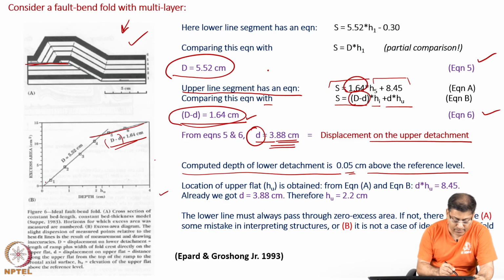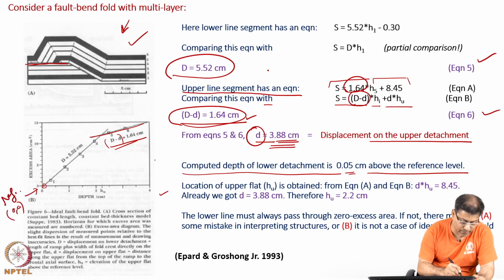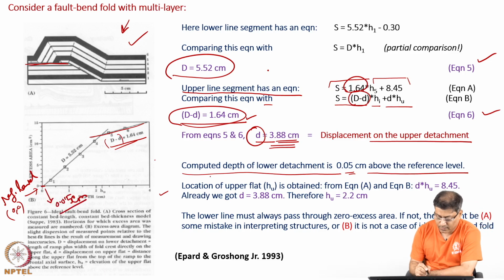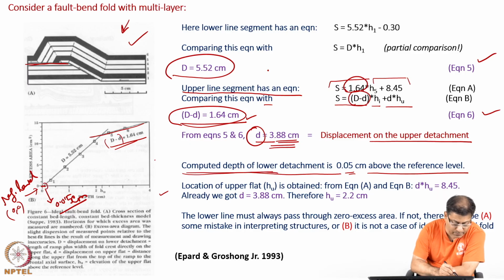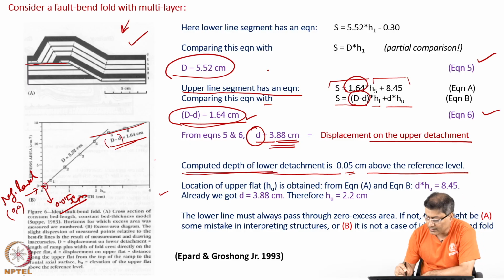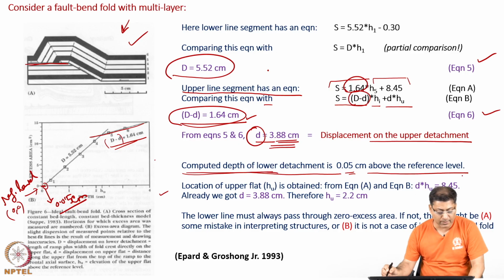And in this case, here is the point. Origin 0, 0 is the reference level, and this particular distance is 0.05 centimeter, and that is the computed depth of lower detachment. This intersection represents the lower detachment's depth, that is 0.05 centimeter above the reference level.